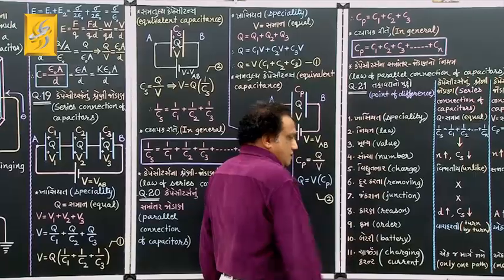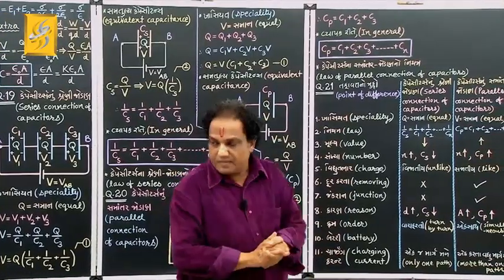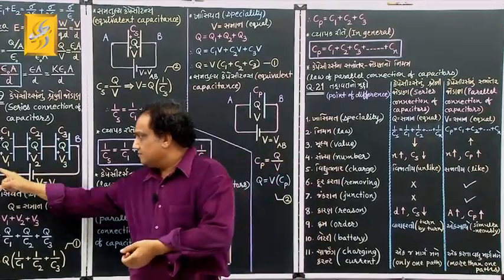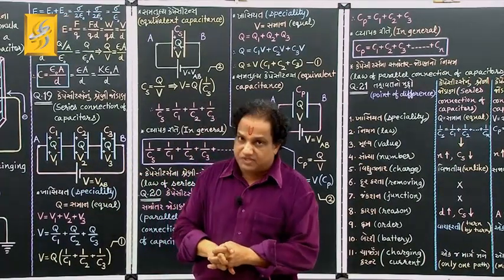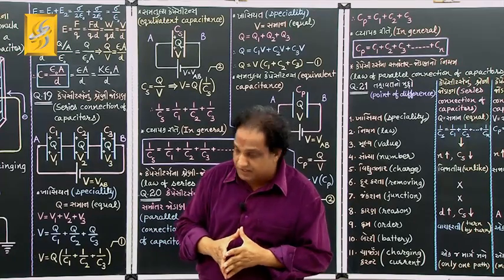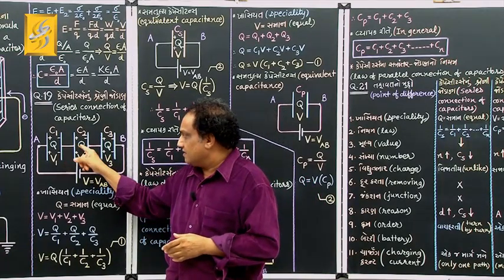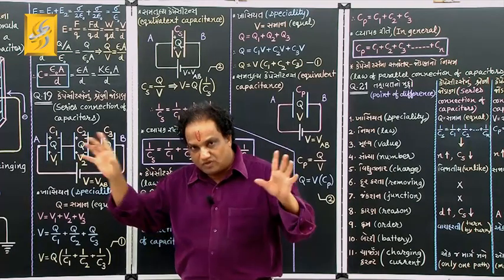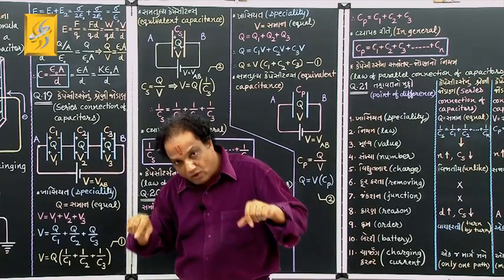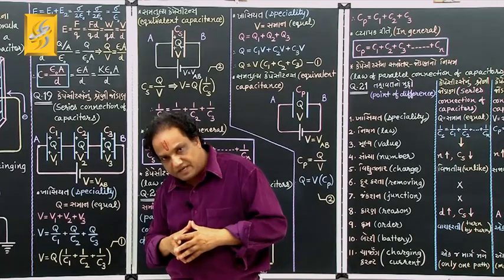What about connection of a battery? Here battery is connected across first and last free plates which are not connected with other plates. These plates are interconnected, correct? These plates are interconnected, but the free plates are at the two endpoints of the entire series connection, and across those two plates this battery is connected.